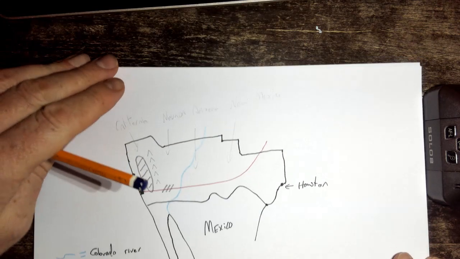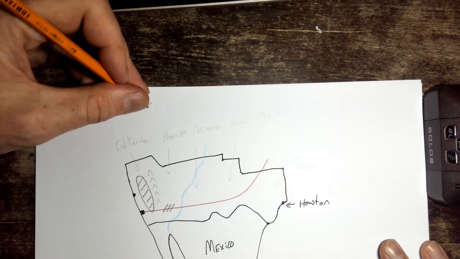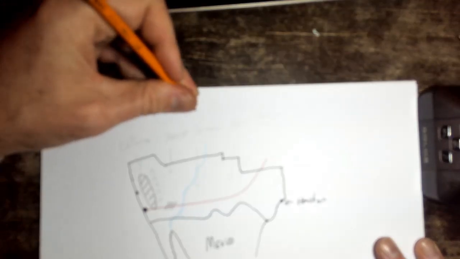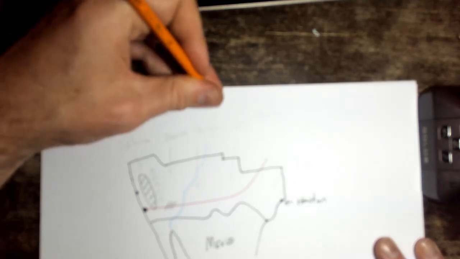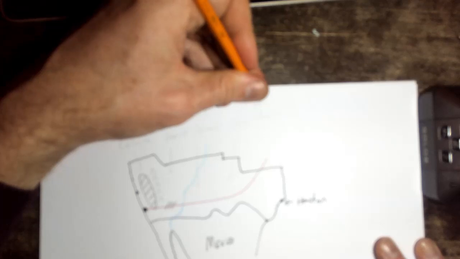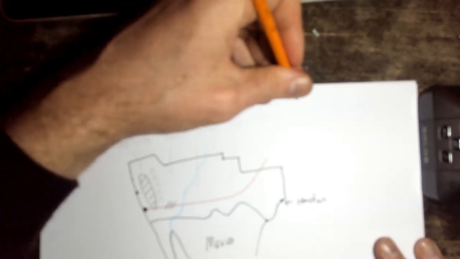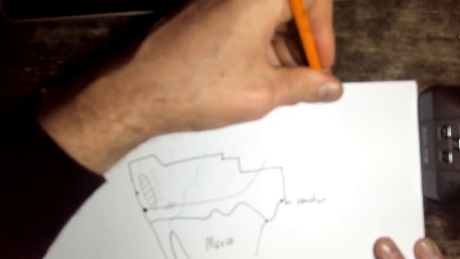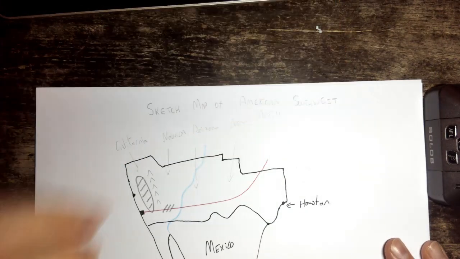I'd give the whole thing a title saying Sketch Map of American Southwest, including California and Texas. Okay.